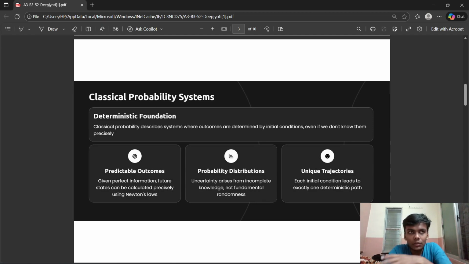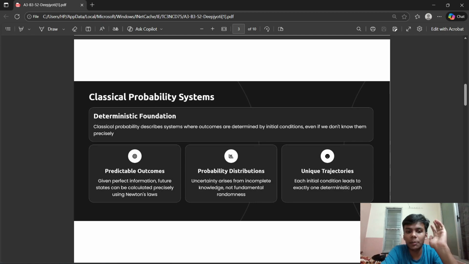Classical probability describes systems where outcomes follow from the initial conditions. If we don't know them precisely, we use this probabilistic system. It has three subtopics: predictable outcomes, probabilistic distributions, and unique trajectories. Predictable outcomes give perfect information about futures.